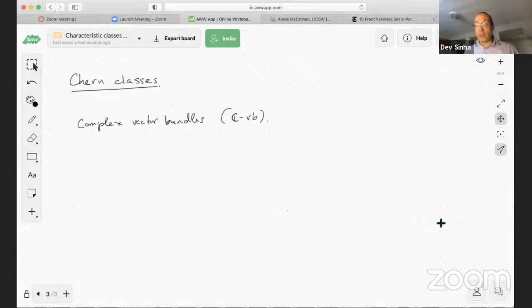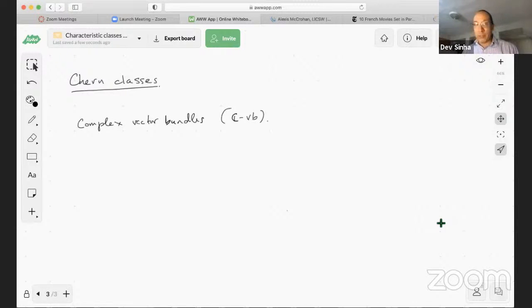if you think about the overlaps, you're looking at not just R-linear, but C-linear maps between the trivializations.